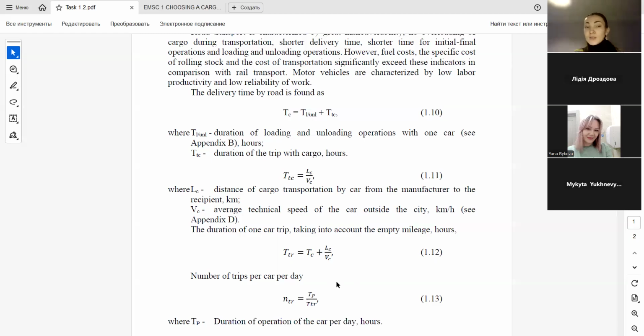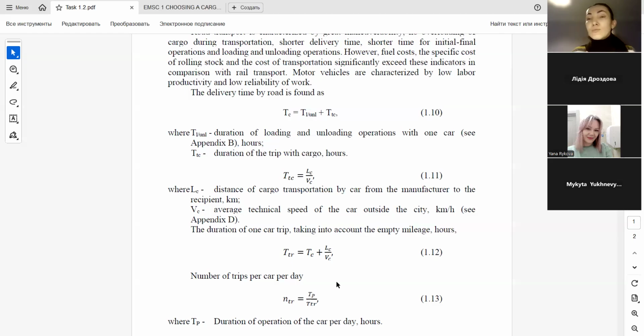So please calculate it and write little n with index tr, meaning trips, is equal to, and in our numerator we use the parameter big T with index r. It is the duration of operation of the car per day in hours.